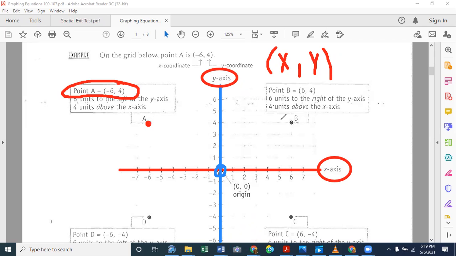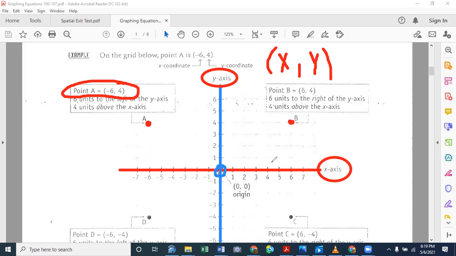B is over here, and the coordinates are 6, 4. The x is 6 units to the right of 0, and then it's up 4. 1, 2, 3, 4. That's B right here, where the lines meet.